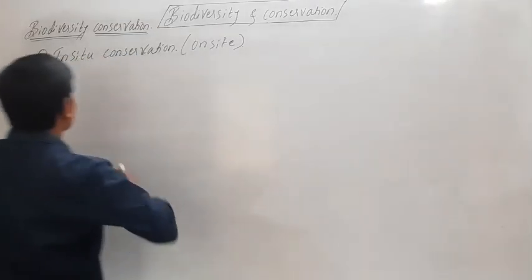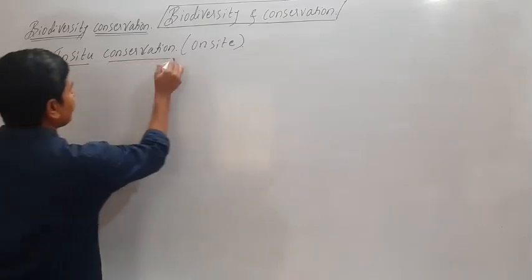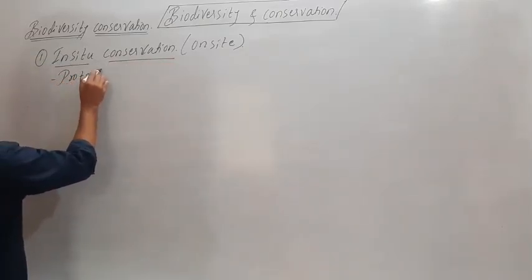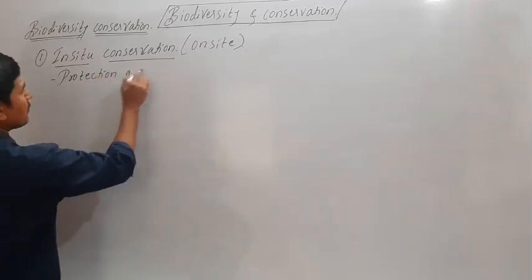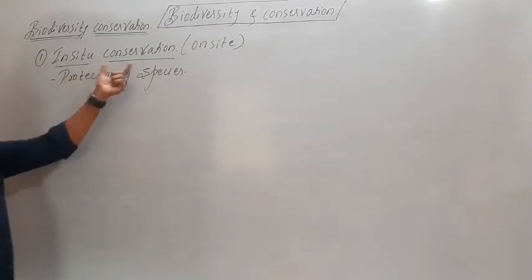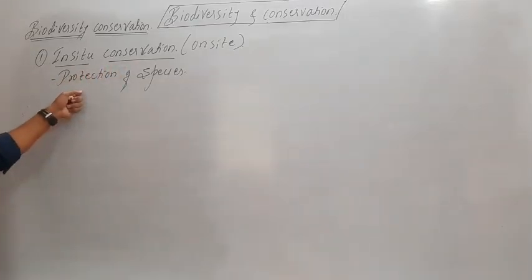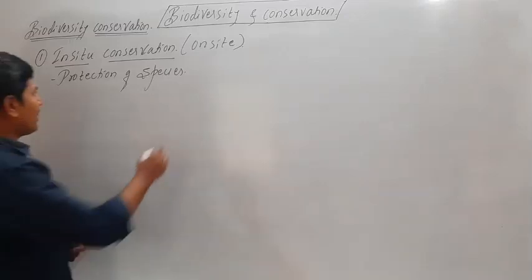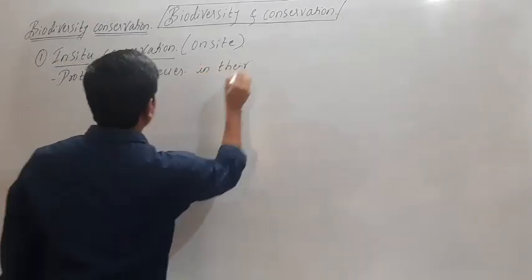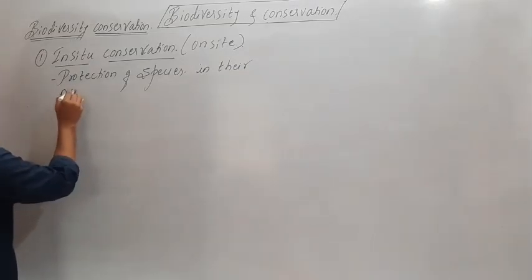In situ conservation refers to protection of species, as the name says, in their natural habitat. It is also called conservation of the species in their natural habitat.